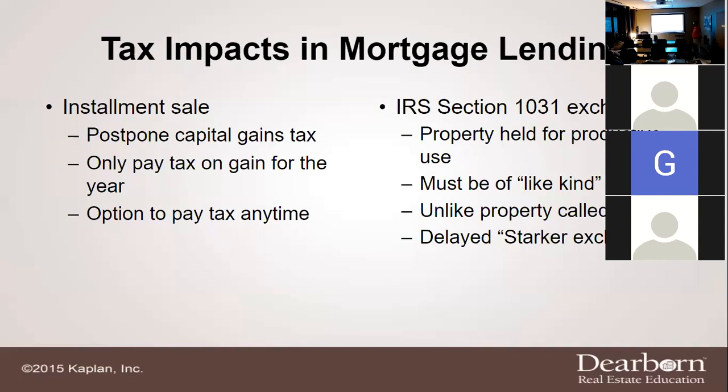Mr. Garrett says, okay, sounds good, I actually want to sell mine and buy another property from Mr. Colton. So in this situation, if you do it for productive use, where you're making money off of it, and the property is, the key word is like kind, then you can roll over that money.